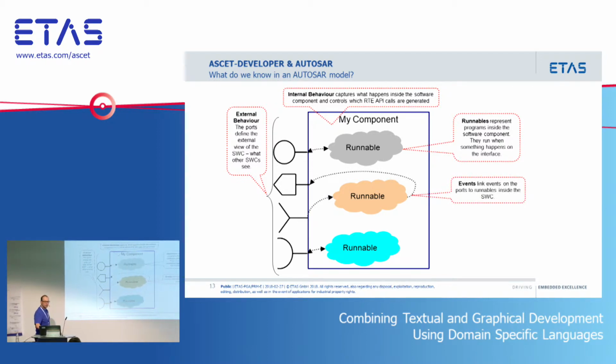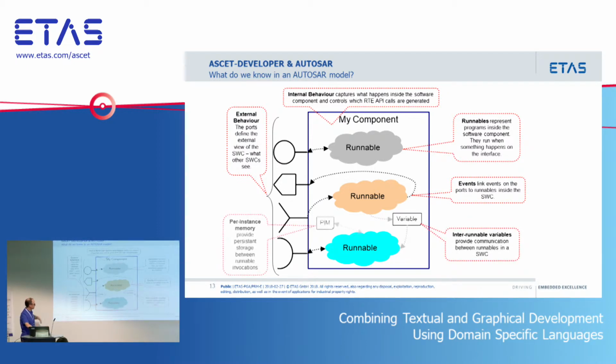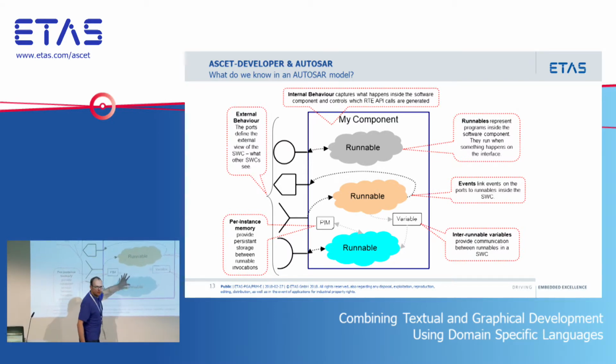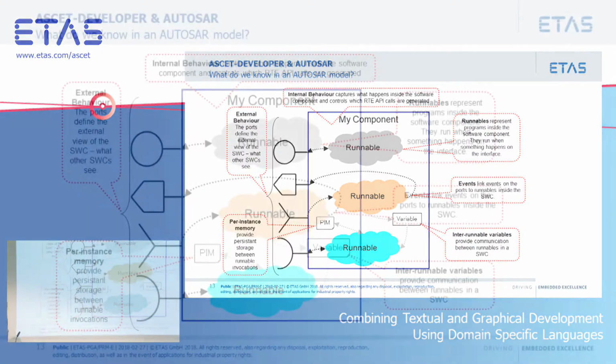Those communicate with those ports. They can communicate internally in lots of different ways. So whether I'm reading it in an expression or whether I'm reading it through a function call is a little bit different. I've got events. I've got per instance memories. I've got internal variables in all of that. Okay, and what I'm trying to do is to simplify how we build all of that stuff in the center of this box here.